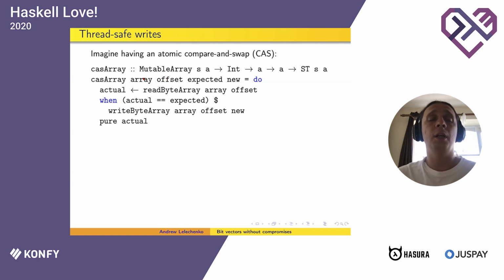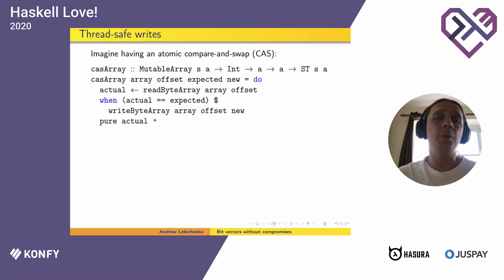This function takes an array and an offset in this array, and you also pass the expected old value of this array at that offset, and a new value which you would like to write at this position. The primitive checks if the actual value in this array is still the expected old value, and if so, writes it. Otherwise, it does nothing, because it seems that another thread has already spoiled our array.